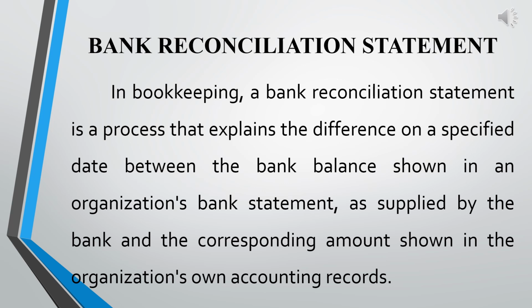Now, we'll check for what reason we are making a bank reconciliation statement. As we have seen before, we have seen one format of cash book and another format of passbook. Both have to be compared, and the difference found, and the reason for such a difference has to be found out under the bank reconciliation statement.